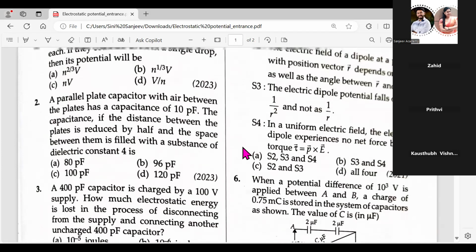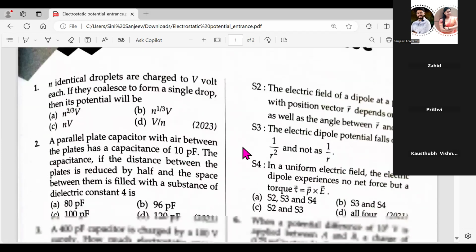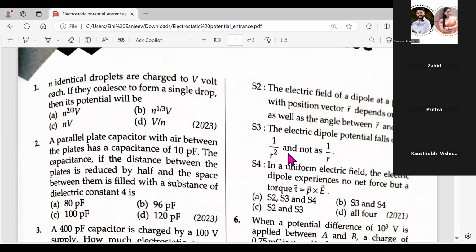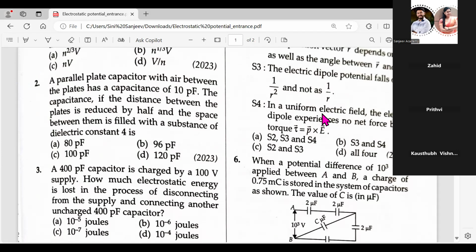So the first statement is correct. If I take all the other statements, everything is correct. So it's all four. Option D is the correct answer. And one more thing: in a uniform electric field, the electric dipole experiences a torque, tau equal to P cross E, that is P E sin theta. Statement four is also correct. So we need not even think about other things. Option D is the answer.